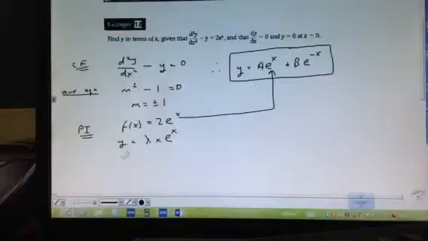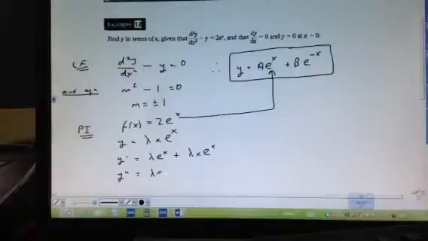Okay, so we differentiate this with respect to x, you end up with y dash is equal to, it's a product, lambda e to the x plus, leave the first, lambda x e to the x. Y dash dash gives you lambda e to the x. Differentiate the first, leave the second, so it gives you positive lambda e to the x again, plus, leave the first, differentiate the second, lambda x e to the x.